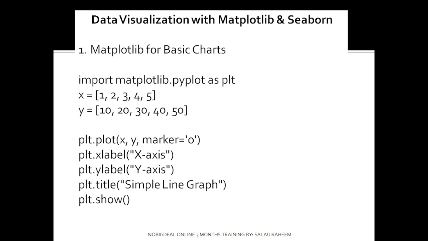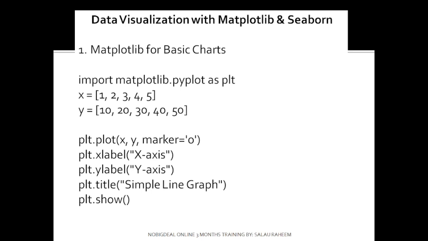So maybe for example our data for the x-axis is 1 to 5. We want to plot it against our data that is 10, 20, 30, 40, 50. So these are the commands that we can use. That is plot x and y.